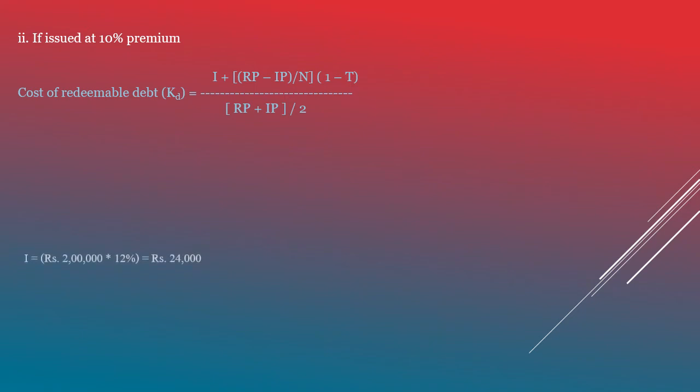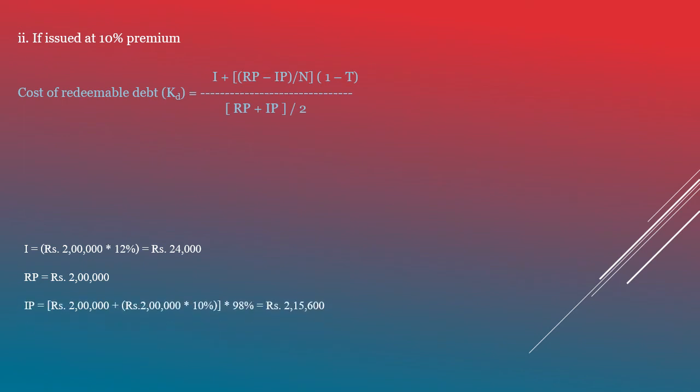Now I will solve the second part, when the debenture will be issued at 10% premium. So formula is the same, and I is here 24,000, same as previous one. Then RP is redeemable price. This will be same, 2 lakh. The next one, IP will be changed because here we will issue this debenture at 10% premium, that is overvalued.